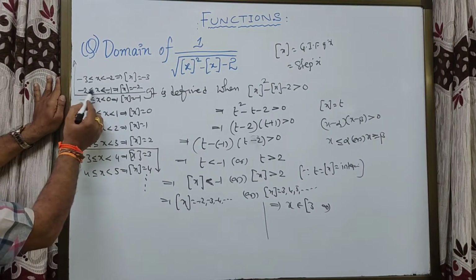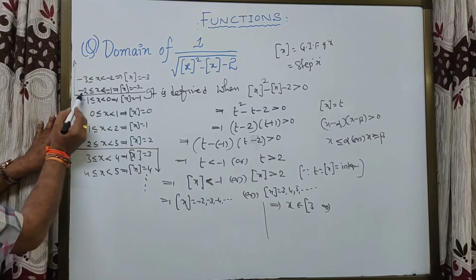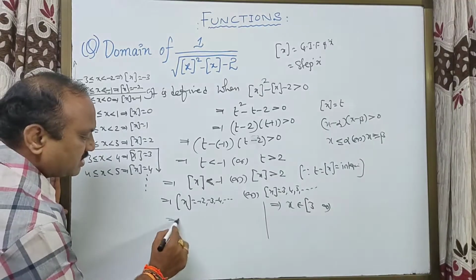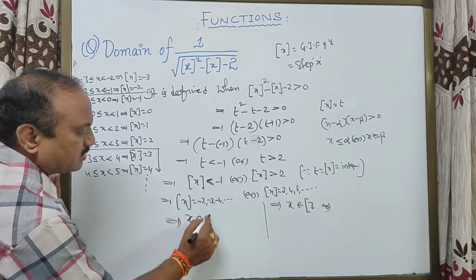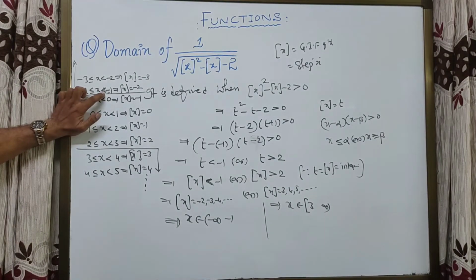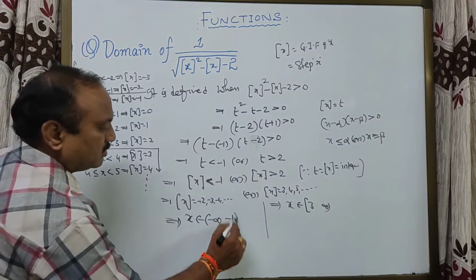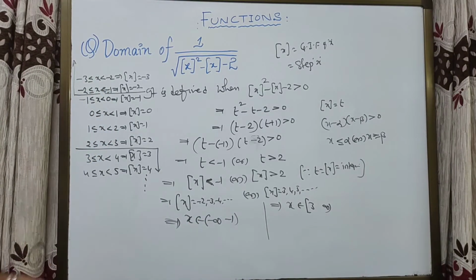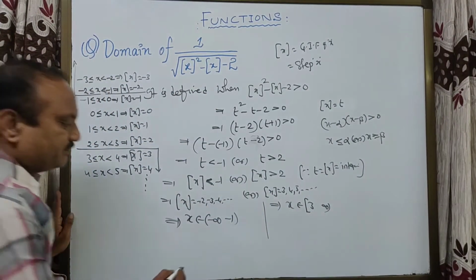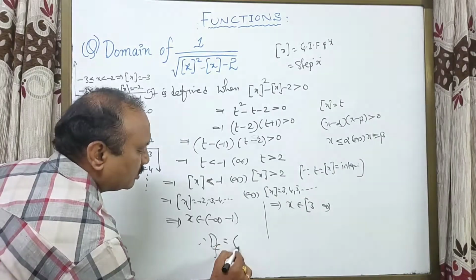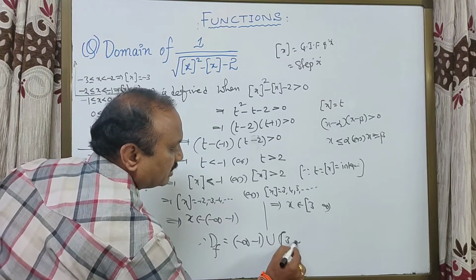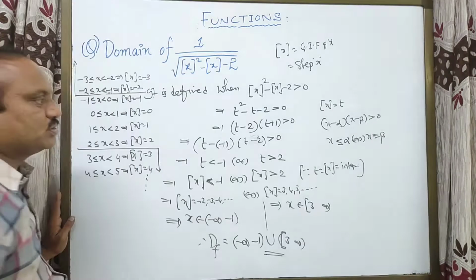So it must be up to minus 1. From this, all these values hold good for x belongs to minus infinity comma minus 1. For 1 we have open, there is no equality symbol. So this holds good for a set of these values or these values. Therefore domain of f equal to minus infinity comma minus 1 union closed 3 comma infinity closed. This is the domain of the function.